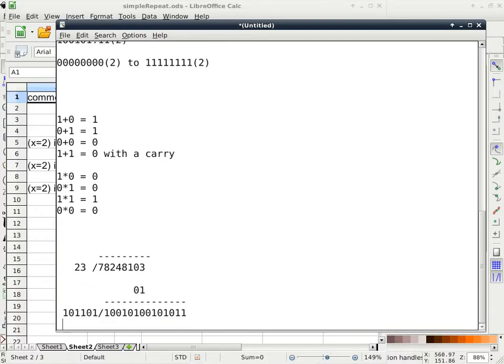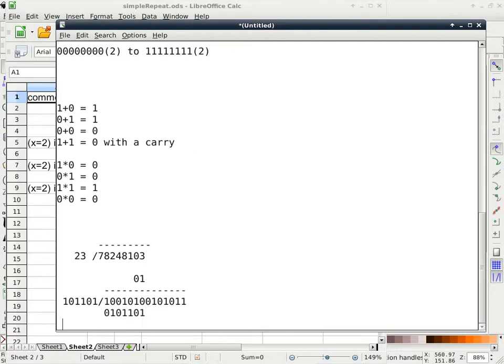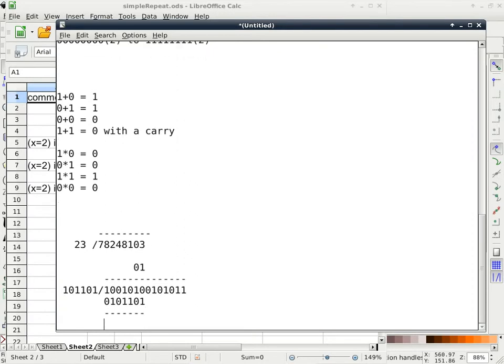Now I just want to finish one step. So this is a 0, this is a 1, 0, 1, 1, 0, 1. Now I have to do subtraction in binary. Subtraction in binary is actually easier than people think. 0 minus 1 is a 1 with a borrow. And that borrow will go here, so this becomes a 0. And once again, 0 minus 1 is a 1 with a borrow.